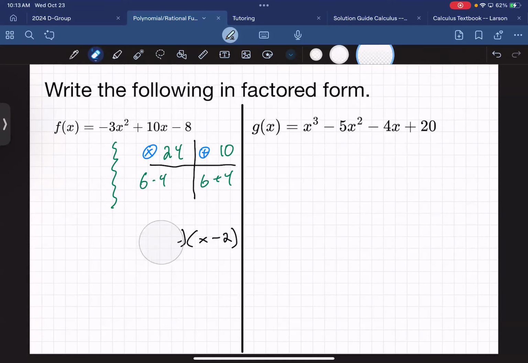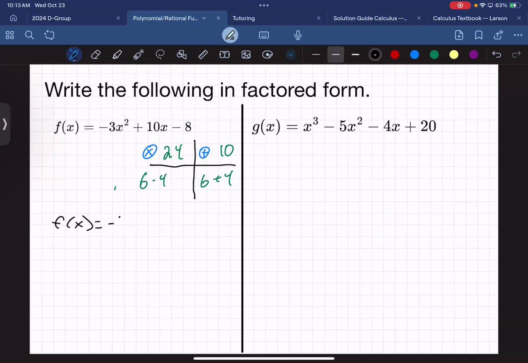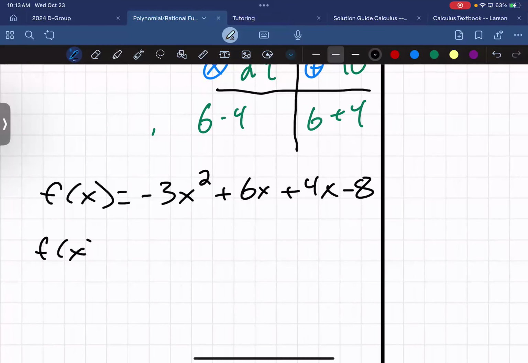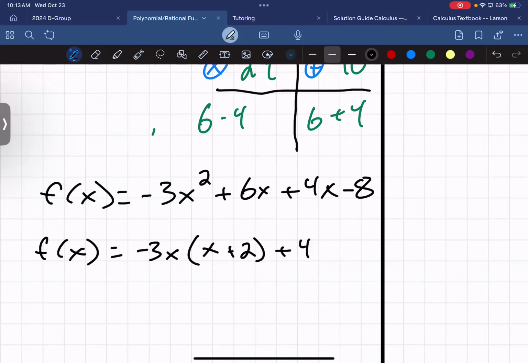Let's just do the grouping then, since I messed up the clear up, so everyone can see where I'm coming from. As I fill that in, make sure you see that we could pull out a -3x on this first group. The second group, we could pull out a 4.